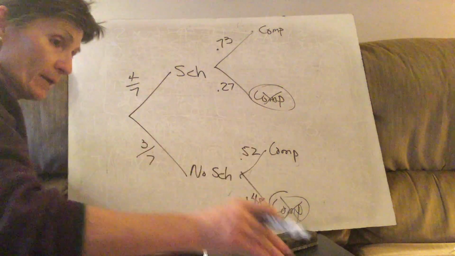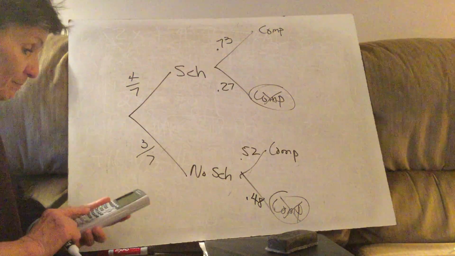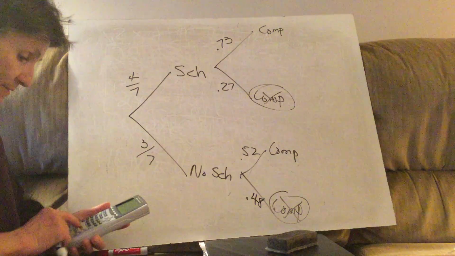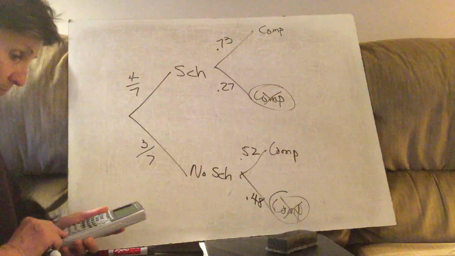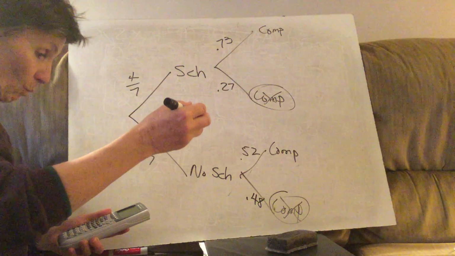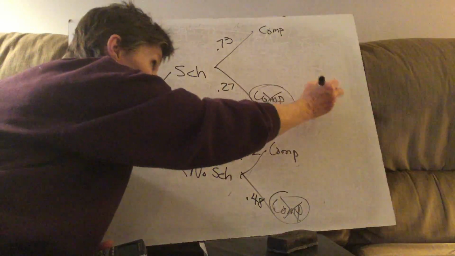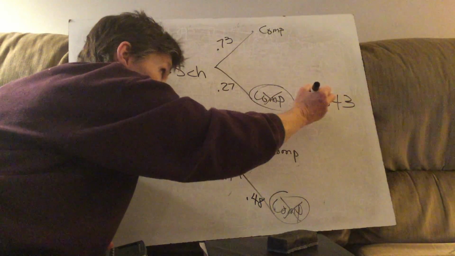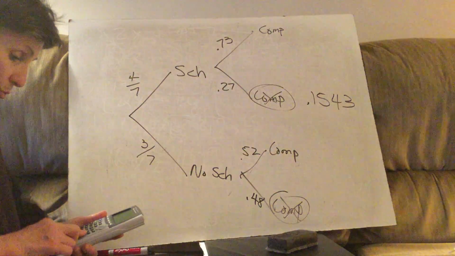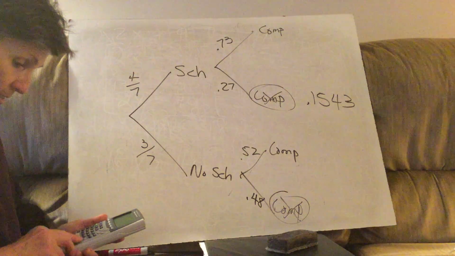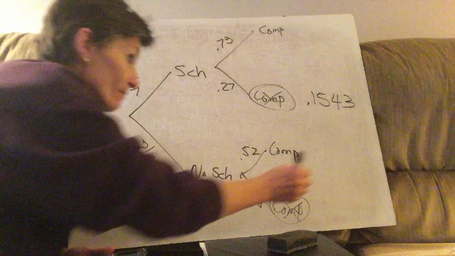To get this one, I'm going to take 4 divided by 7 times 0.27, and that's going to give me 0.1543. And then I will do this piece, which is 3 divided by 7 times 0.48, which is 0.2057.